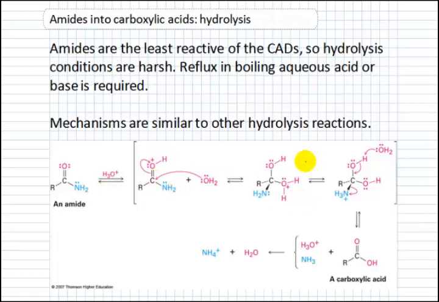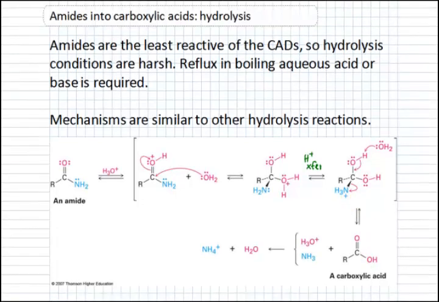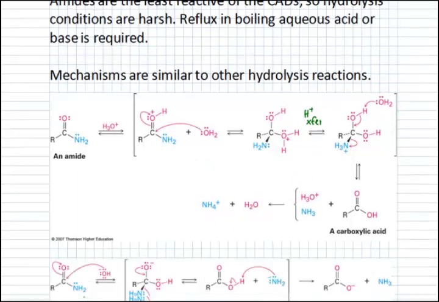We have a proton transfer to make this NH2 into an NH3 plus leaving group. It's kicked off, and then there's an acid-base reaction right here, where I regenerate hydronium by removing the H, and we kick out a neutral NH3, but there's an acid-base reaction, because hydronium is a stronger acid than NH4 plus is. So we end up with NH4 plus and water as products of this.